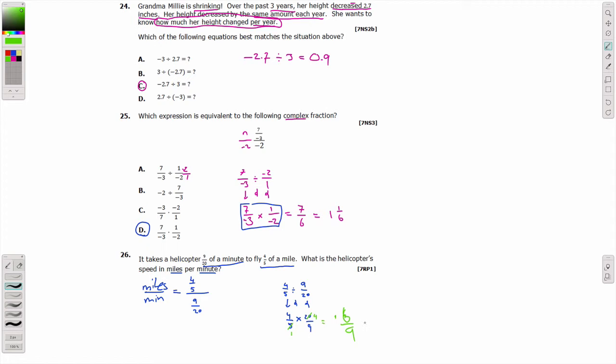Divide so that I can simplify, and I get 1 7/9. 16 divided by 9 goes only one time, and 7 remaining. 1 7/9 miles per minute. It's not mph, it's miles per minute.